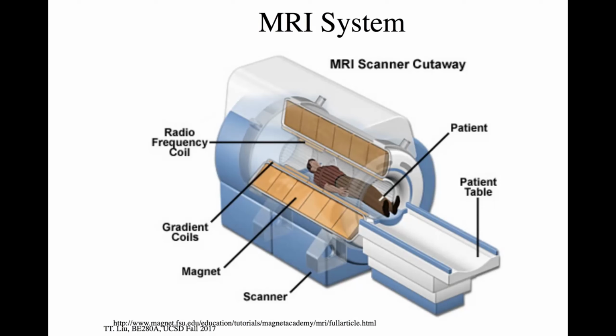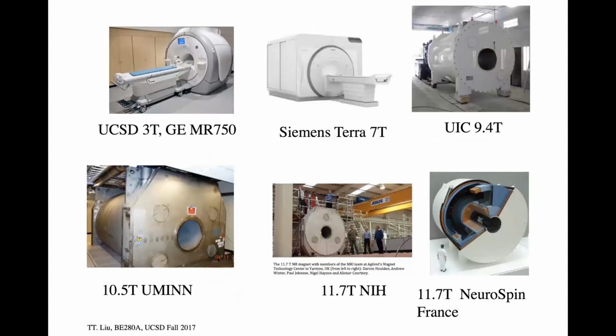The classic 1.5 Tesla MRI system is probably 75% of systems that are deployed in the world. The main magnetic field is 1.5 Tesla, and the frequency at which it operates is about 64 megahertz. Here's a little rogues gallery of the high field systems that are available in the world.